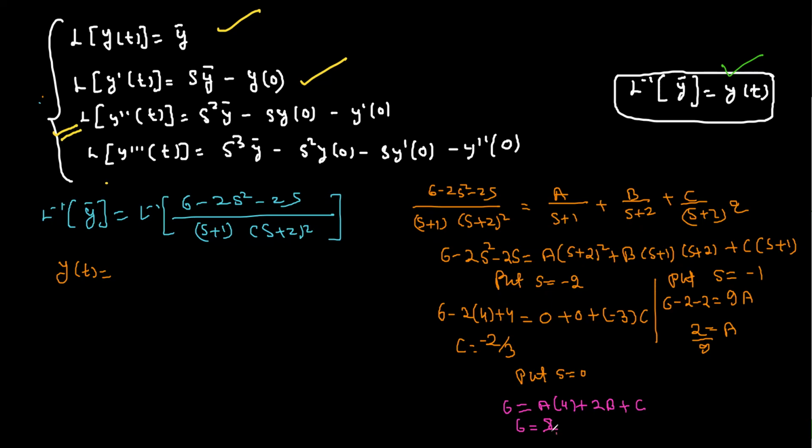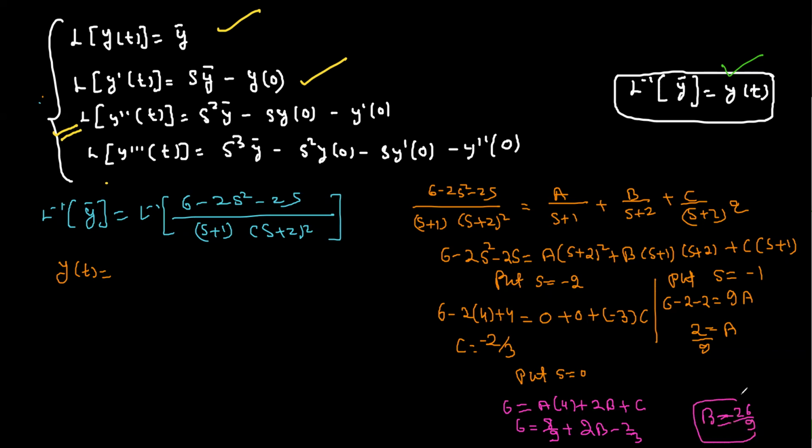C is minus 2 by 3. So B will be 26 by 9.